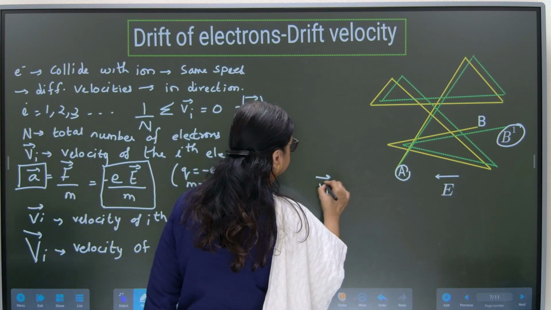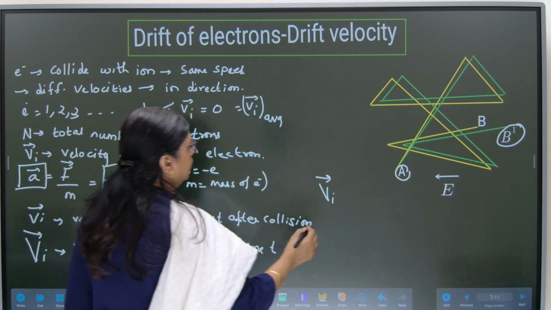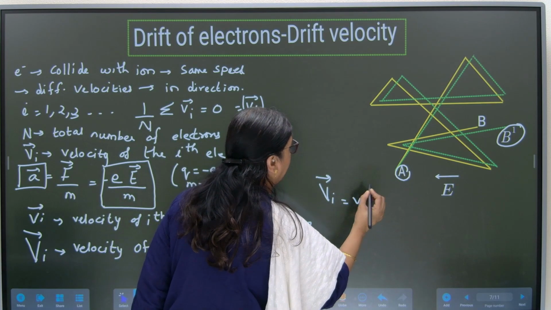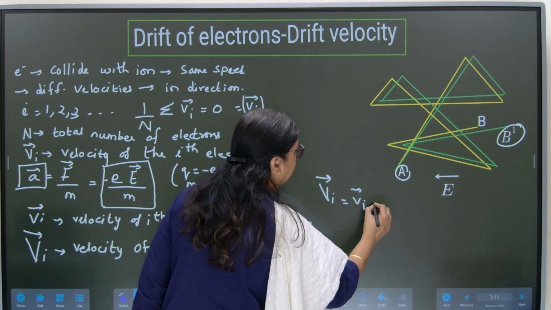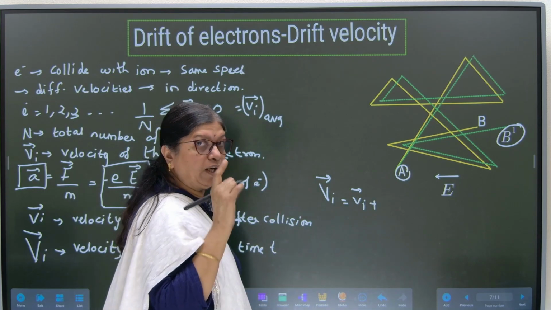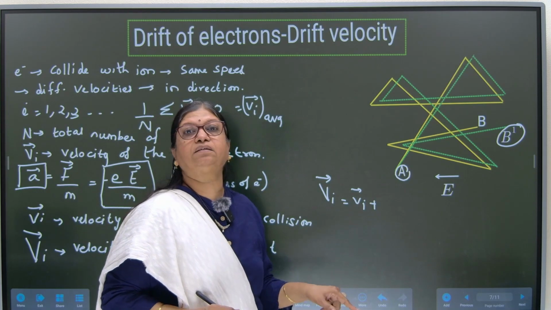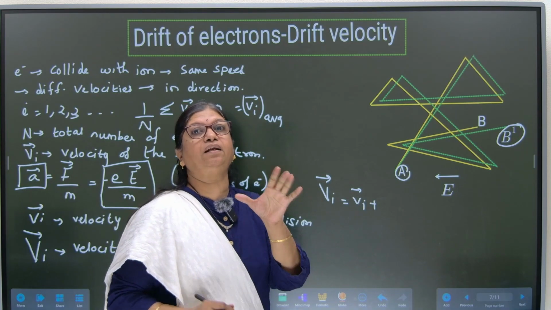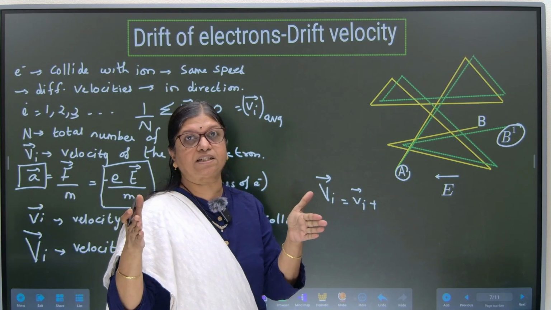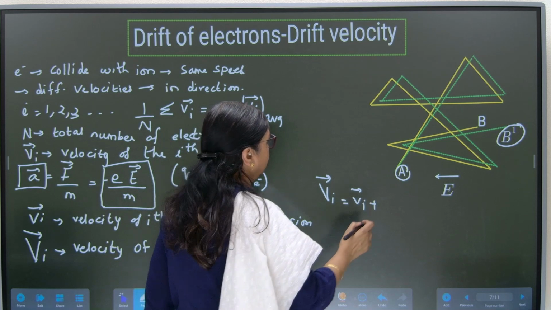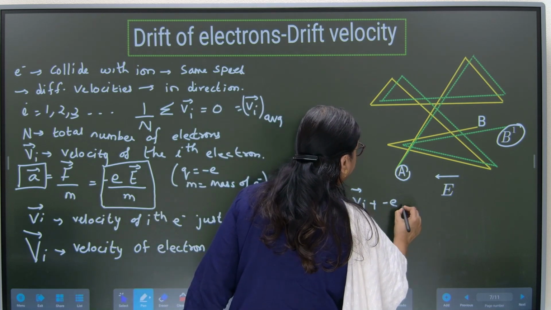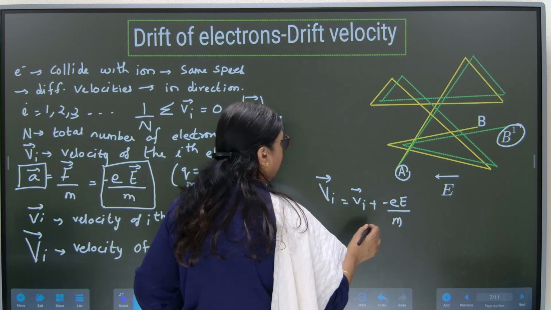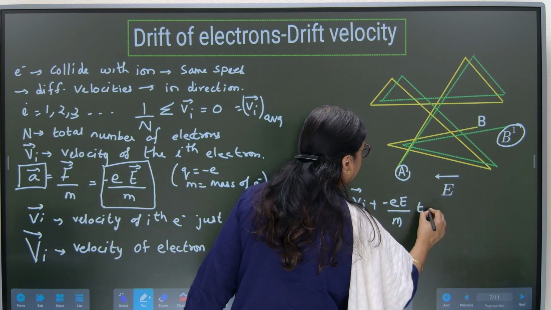capital Vi is equal to the velocity just after collision, which is small vi, plus the velocity gained by this ith electron in the time interval ti between two successive collisions, which is given as the negative eE upon m acceleration, which we wrote just now, multiplied by the time interval.